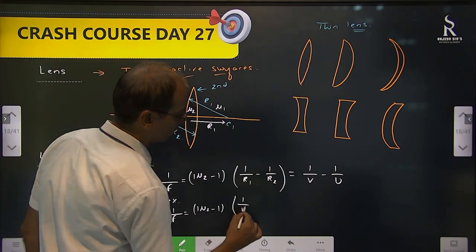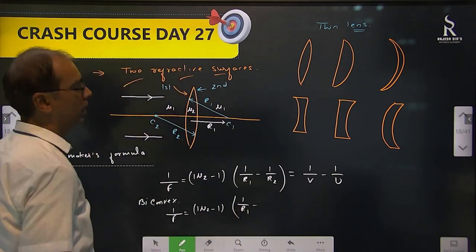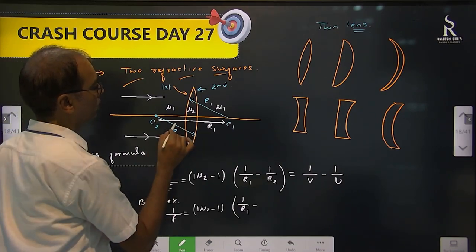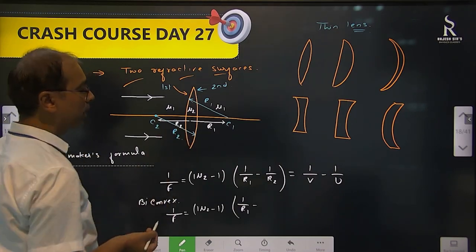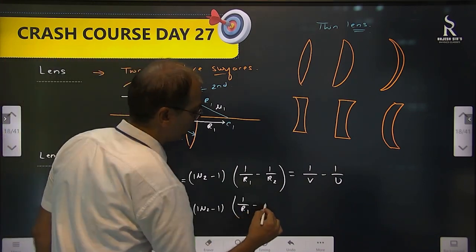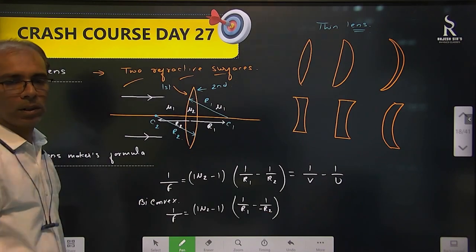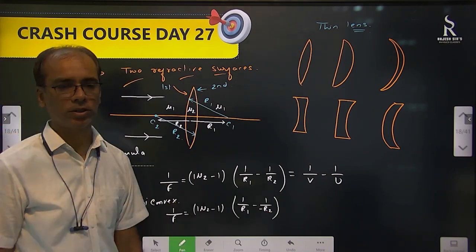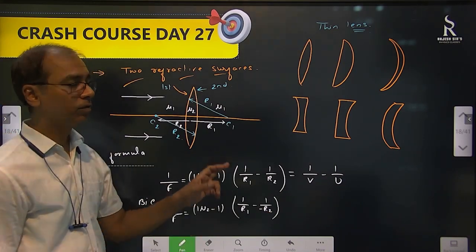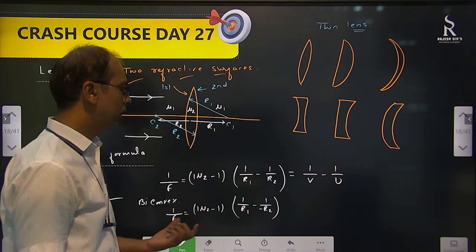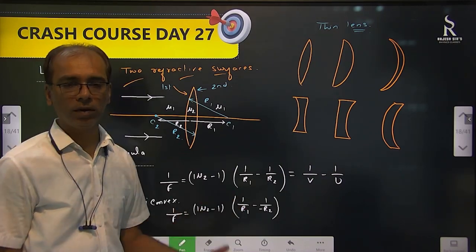So 1 by R1 minus, then R2. Now what about R2? Positive or negative? It's negative, so 1 by minus R. So focal length of a convex lens will come positive. Same way, focal length of a concave lens will come negative. This is the convention: focal length of convex positive, focal length of concave negative.